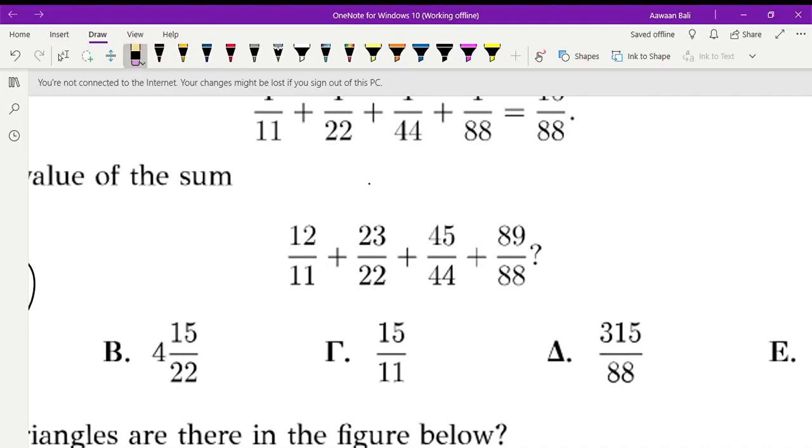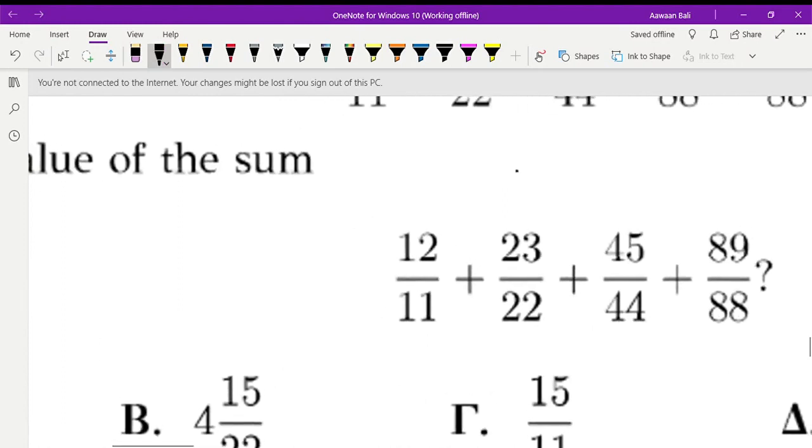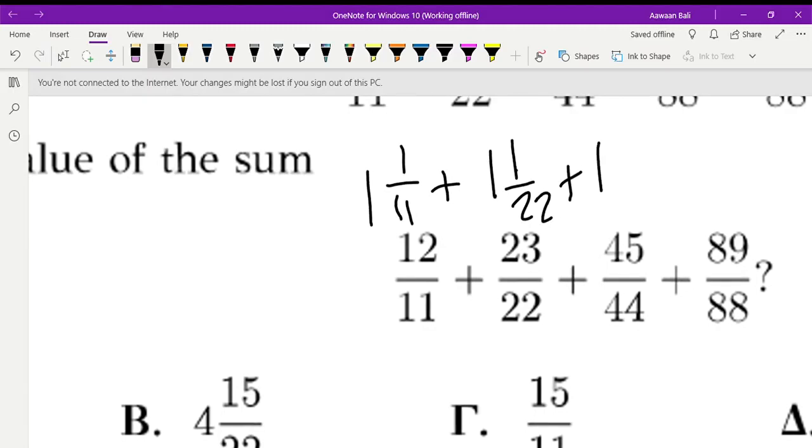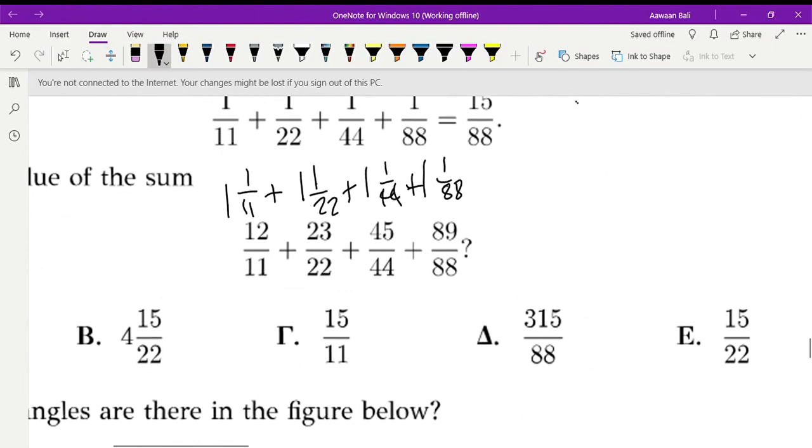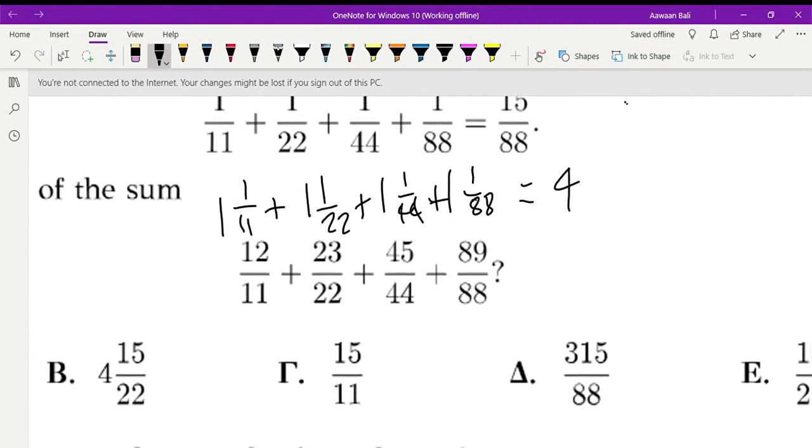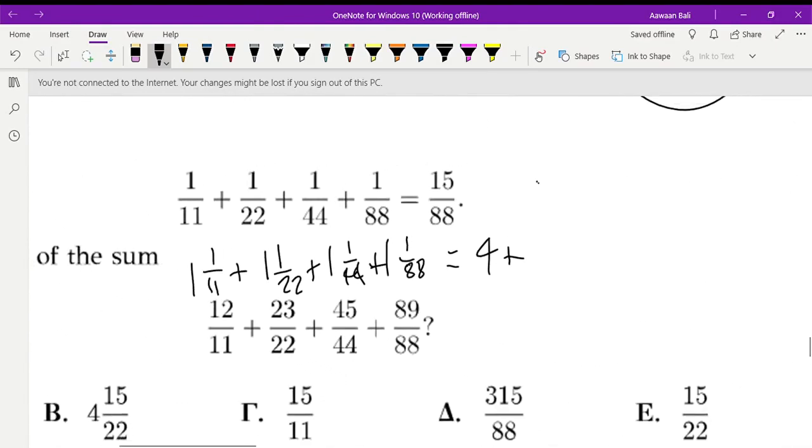If you make them into mixed numbers, which is basically a whole number and a fraction together, you get 1 plus 1 upon 11, 1 plus 1 upon 22, 1 plus 1 upon 44, plus 1 upon 88. If you simplify it, you can say 4 plus all of these fractions.